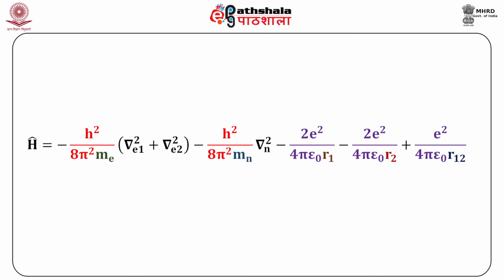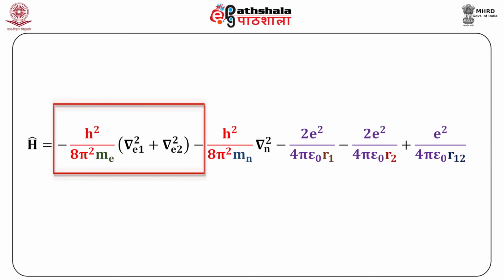If we look at the corresponding Schrodinger equation for the helium atom, it looks like H cap is equal to minus h square upon 8 pi square me, where me is the mass of the electron. Then we have del electron 1 square plus del electron 2 square.